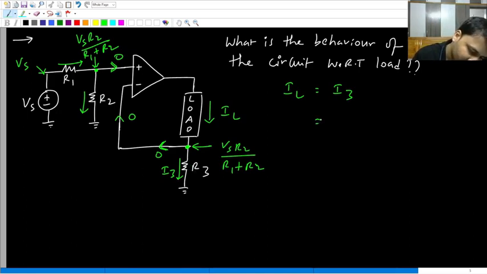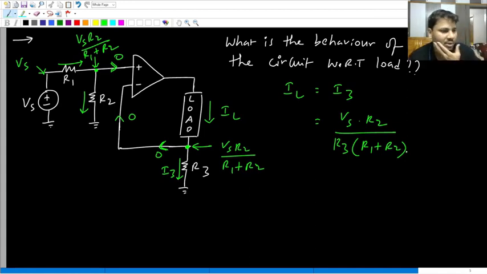Now what is the expression for I3? The voltage divided by resistance. So Vs times R2 divided by R3 times R1 plus R2. That's all. This is the expression for the load current.